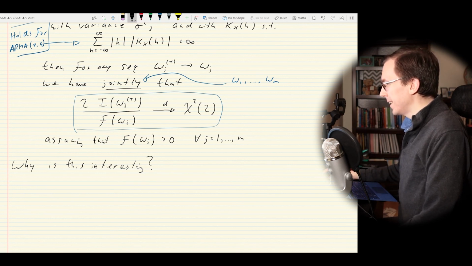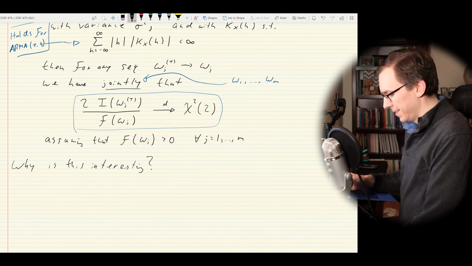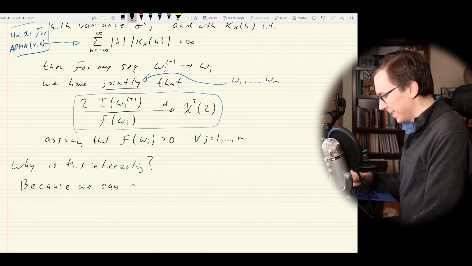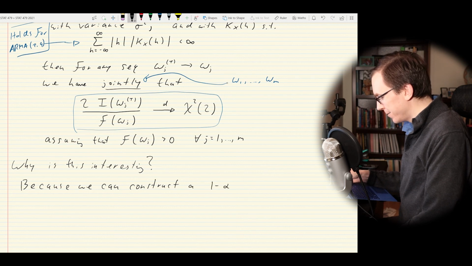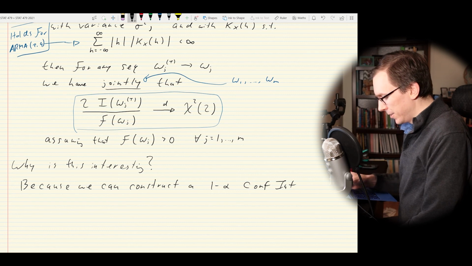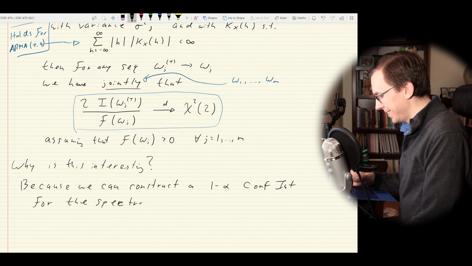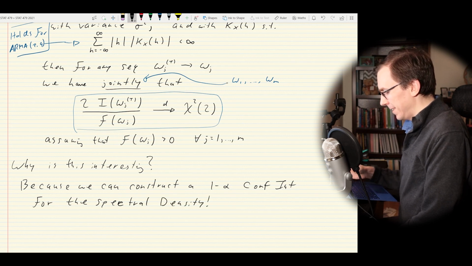It's interesting because we can construct a 1 minus alpha confidence interval for the spectral density. That's kind of neat.